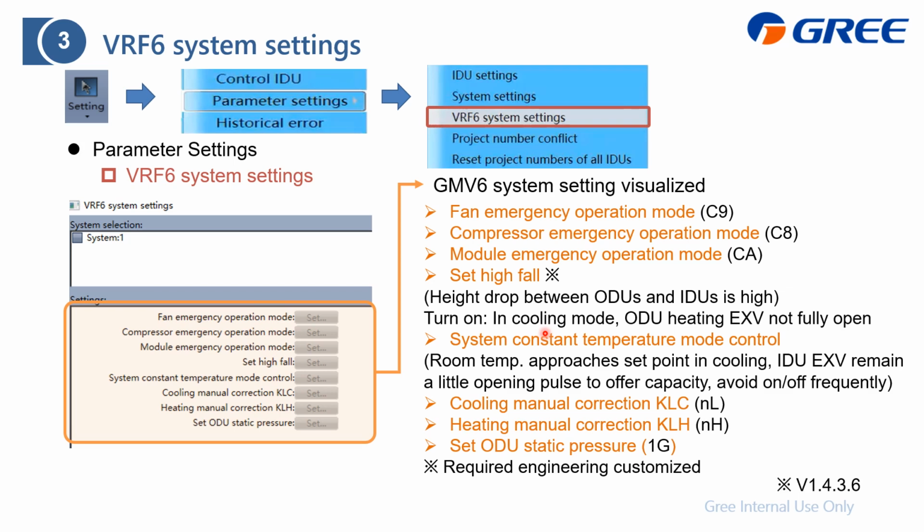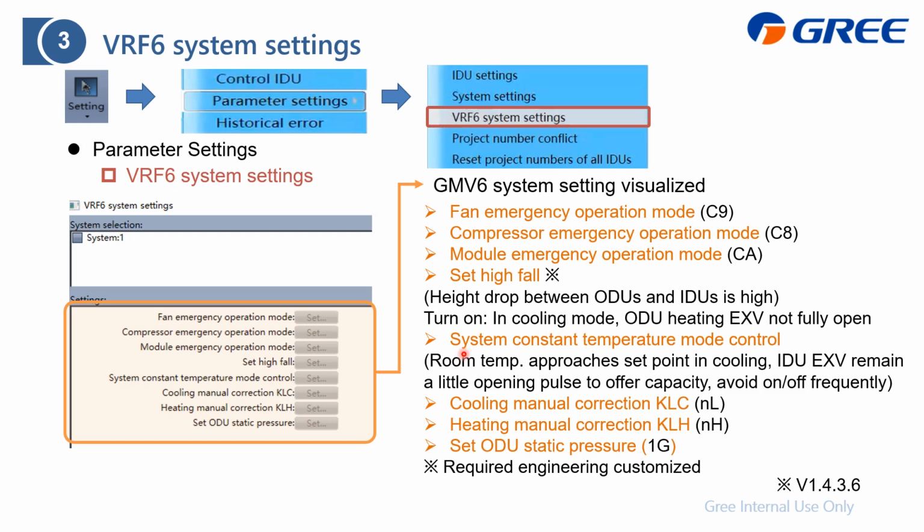The function of this is just to help lower the pressure difference between the outdoor unit and the indoor unit, because if the height drop is high, the pressure difference is very high, and this will make the indoor unit ESV damaged. We're afraid of that, so we close it a little bit to help lower this pressure difference.